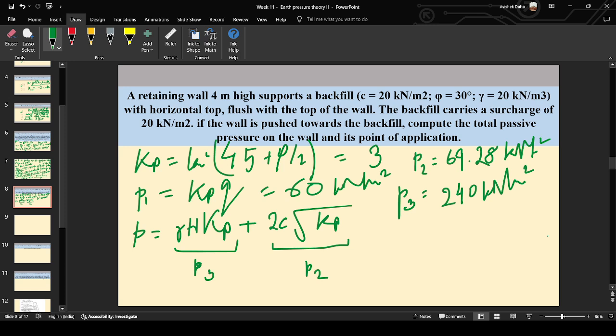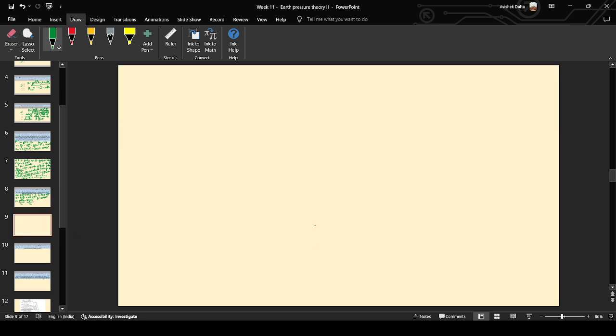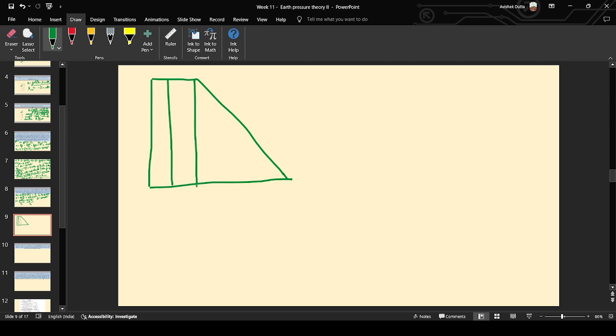Okay, now we draw the pressure distribution diagram. First of all, there was a surcharge, then there was a constant increment due to the cohesion, and then there was the pressure of the backfill.